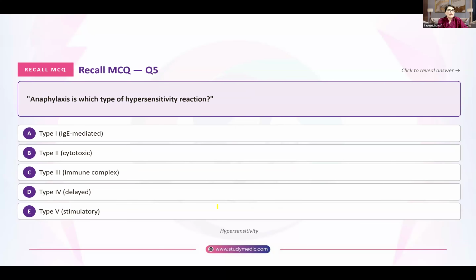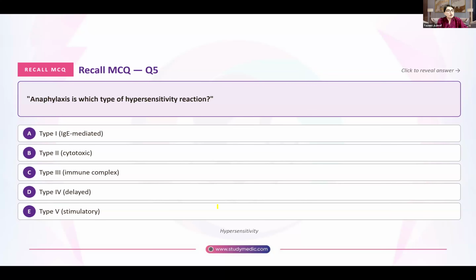Anaphylaxis is which type of hypersensitivity reaction? These types of hypersensitivity reactions are a very important exam-tested area, a must question asked from immunology and microbiology. How do we remember type 1? This is IgE mediated.